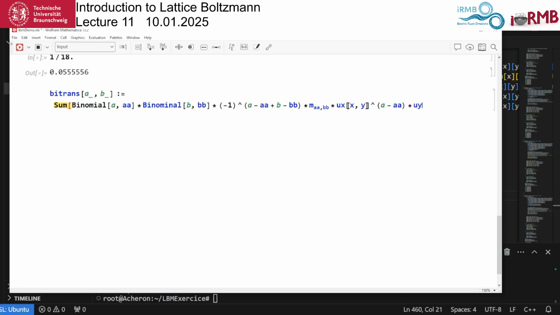Shouldn't there be a rho divided by M00? Yes, the moment divided by rho is the velocity.